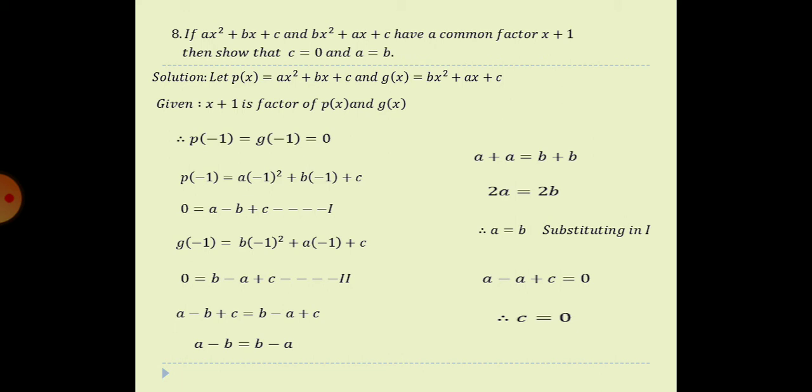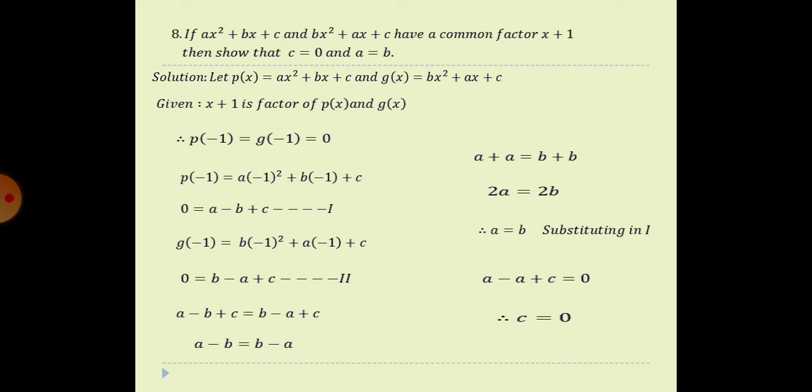Thus we get here 2a is equal to 2b. 2 gets cancelled. Therefore a is equal to b. Now substitute a in place of b in equation 1 or 2, and you will get the value of c. Equation 1 is a minus b plus c is 0. So instead of b, I am writing a, that becomes a minus a plus c. Minus a plus a cancels, and thus we get c is equal to 0.